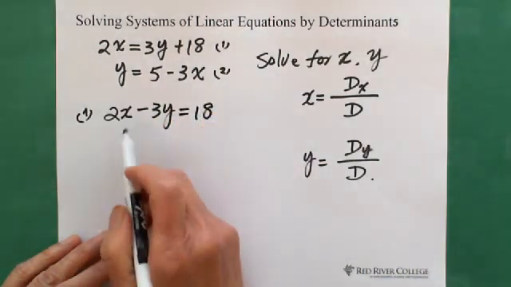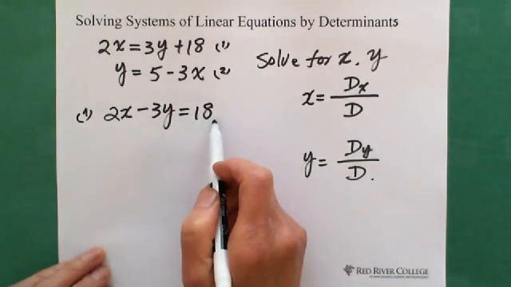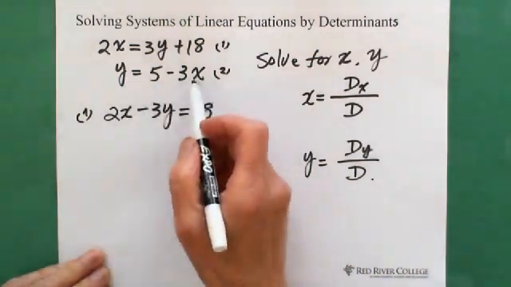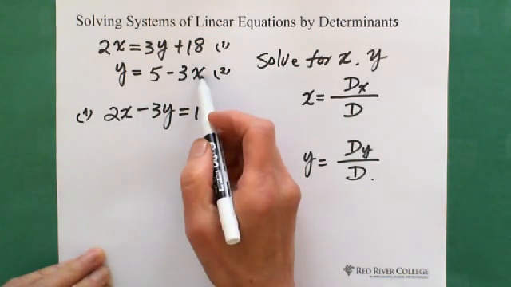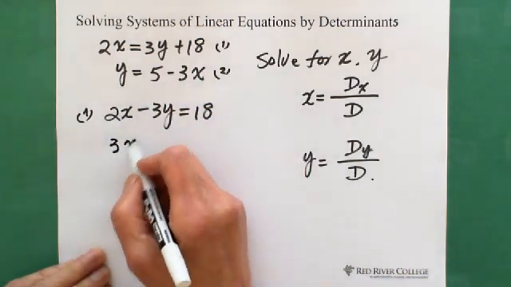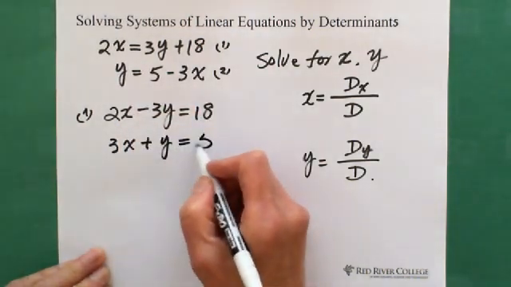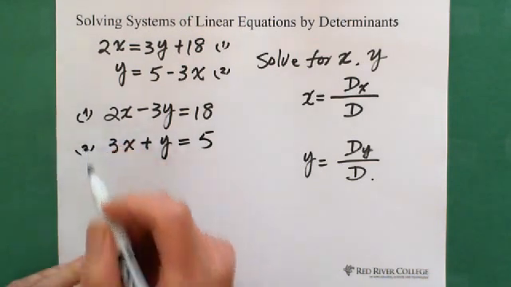We put the x, the y, and the constant. The second one, we put the x first. We move x to the left side. Negative becomes positive: 3x plus y equals 5. You write it this way.